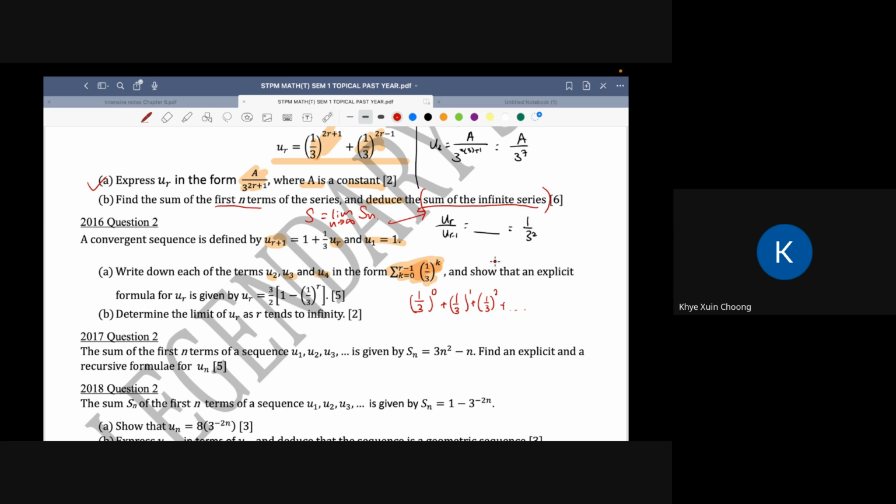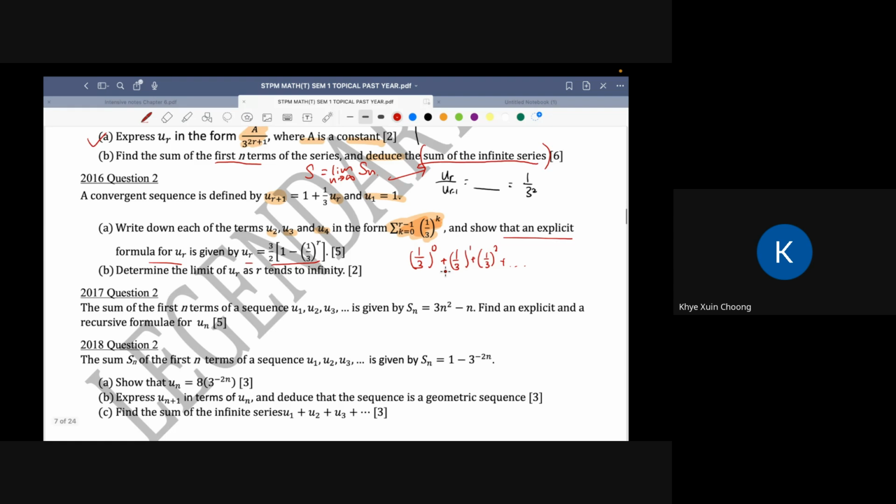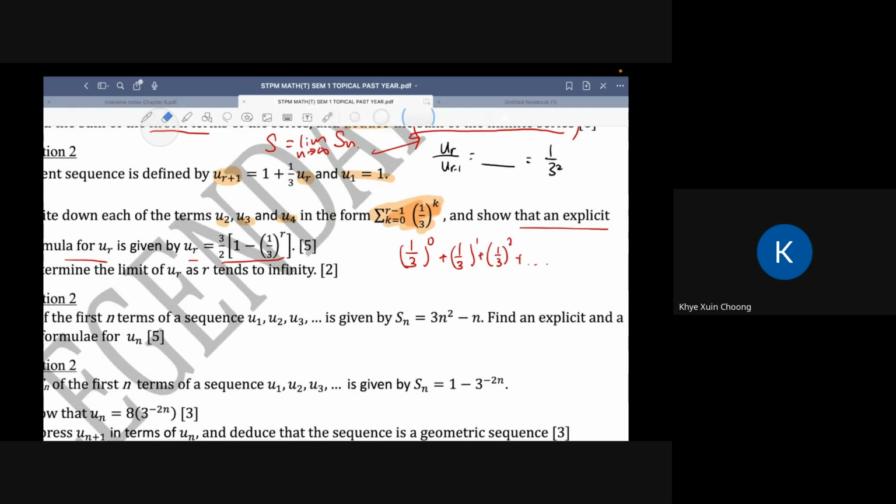Okay, show that an explicit formula for UR is given by this. So if you try to expand it in terms of this, you will find that it is actually a sum of geometric series, because it is something like this.